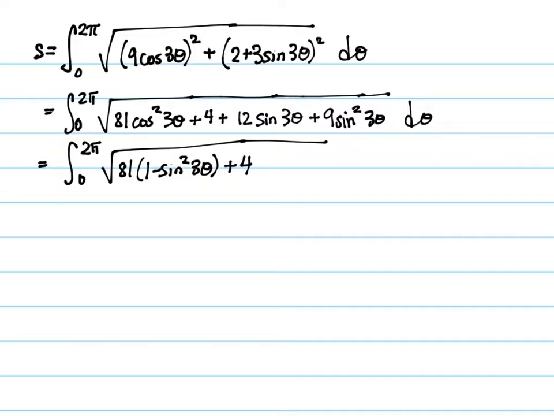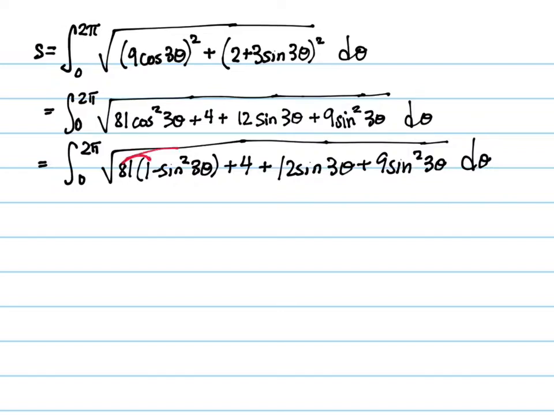Let's see, what else do we have? Plus 12 sine of 3 theta and 9 sine squared of 3 theta, d theta, of course. So when I distribute that 81 through right here, and I combine the like terms, I'll be able to do some condensing.